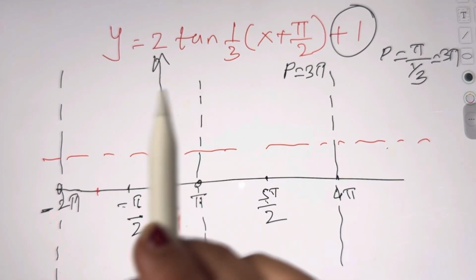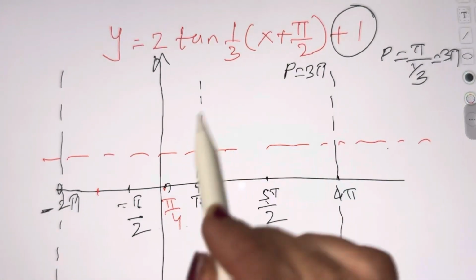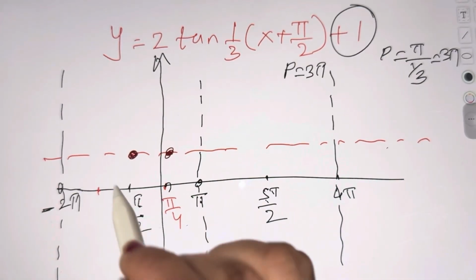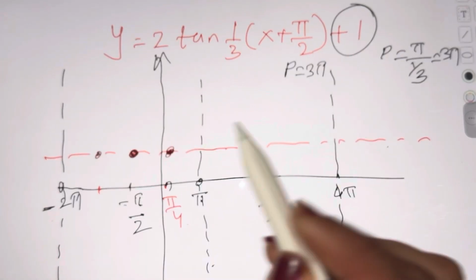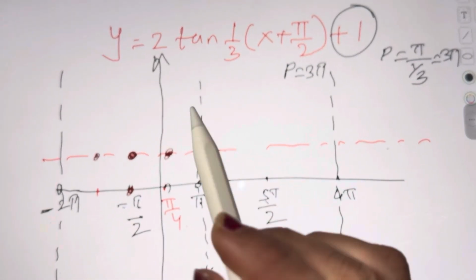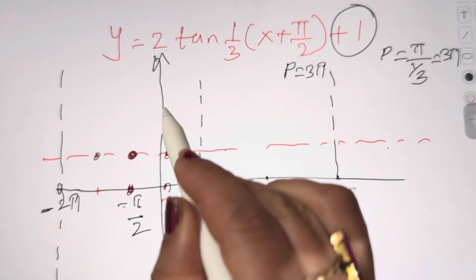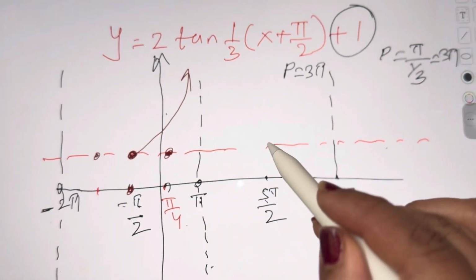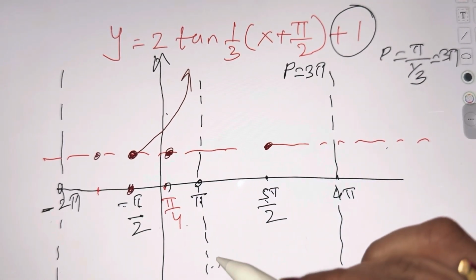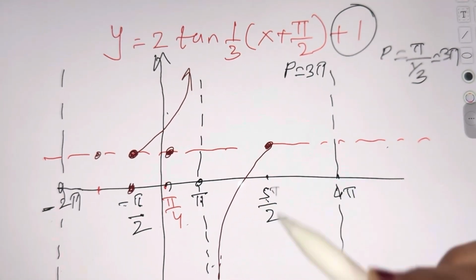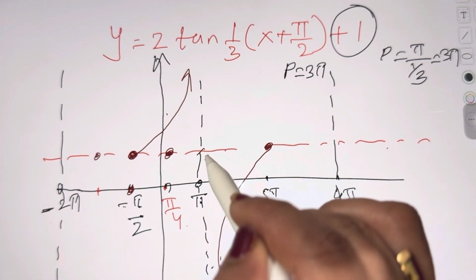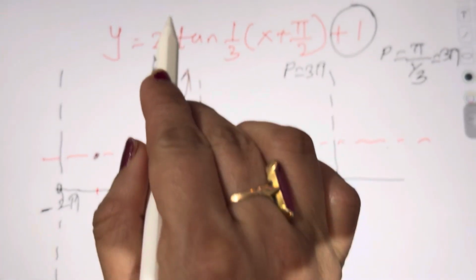And your points, now you can put all your points here. Your point is here, here, and here. So this is your midpoint, remember. So your graph will be 2. This, and if you remember this, this. And this point, since this is 1, the graph is going up by 2.